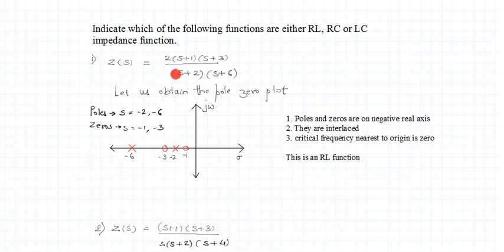Whether it is RL or RC is decided by who is closer to the origin. If it is the zero which is closer to the origin, it is an RL function. If it is the pole which is closer to the origin, then it must be RC. For the given example, it is the zero which is closer to the origin, and therefore this is an RL function.